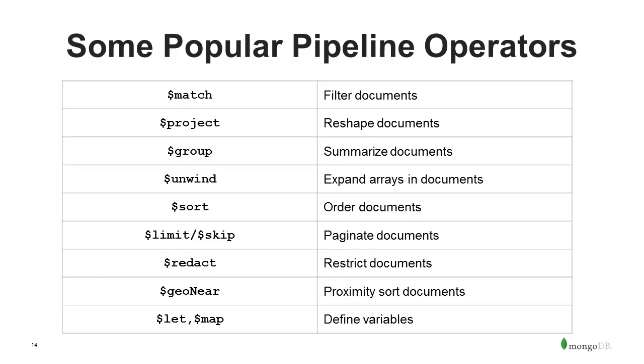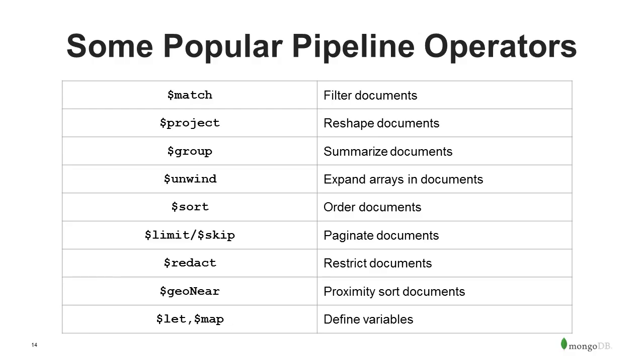So at a high level, there's a number of popular pipeline operators, things that are used quite often like $match, $project, $group to summarize, $unwind, which deals with arrays, sorting, and $redact, which is actually a pretty complicated one that lets you restrict data coming out of a particular stage of the pipeline.